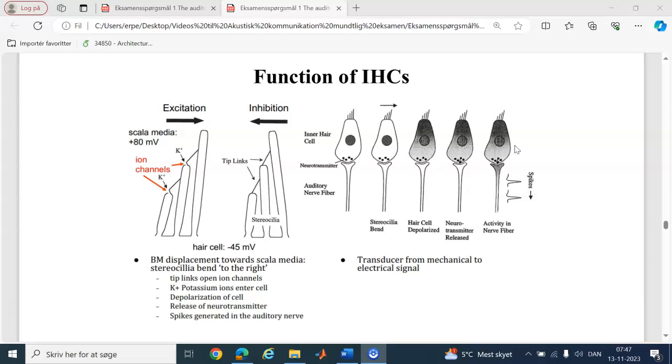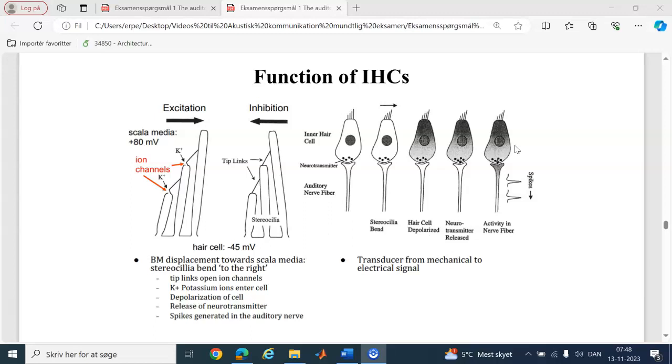When the stereocilia are bent to the right, the hair cell is depolarized. That means that some of those potassium ions come into the hair cell, and then the neurotransmitter is released, and that means that some activity in the nerve fibers is going on in the form of spikes.